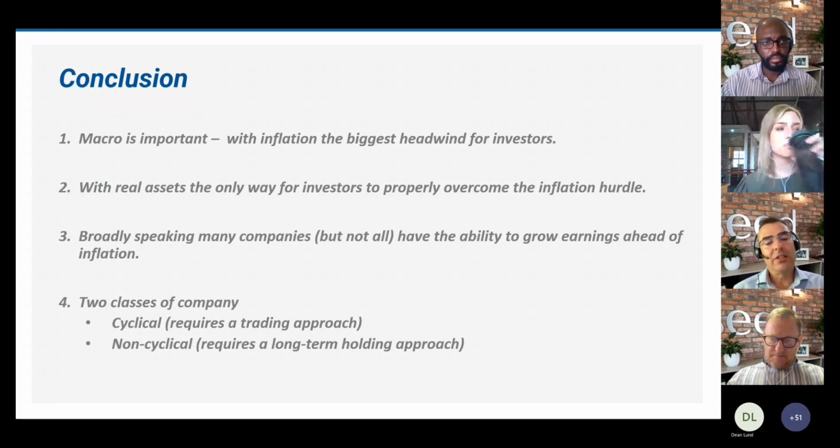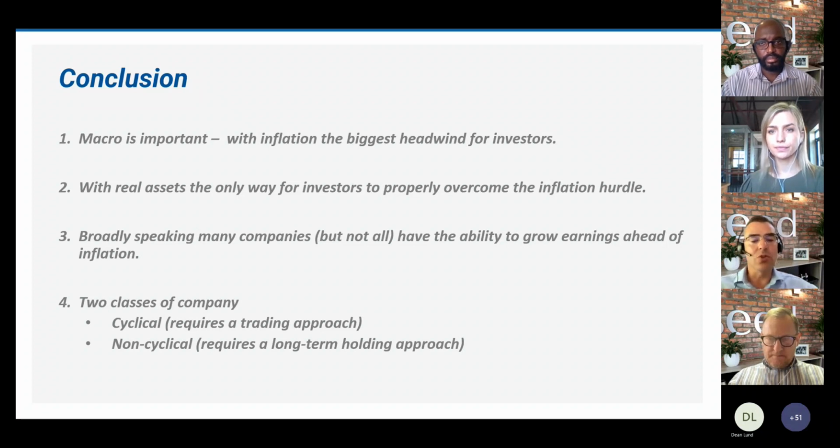And then the second one is for us as advisors, when we do look at funds, and we spoke about it on Monday as well, like, for example, the 91 commodity fund. Invest in those funds with a lot of caution, because you're putting the onus on yourself as the advisor to be that trader for the client, to go into that type of fund at the right time and exit it at the right time.